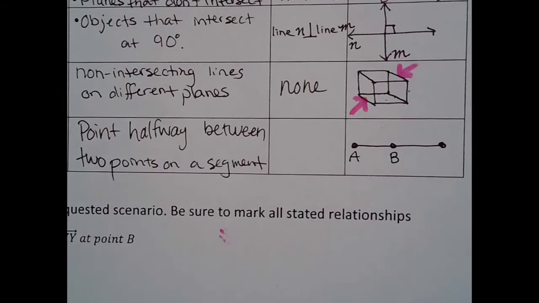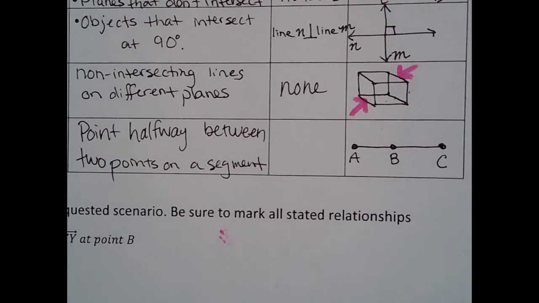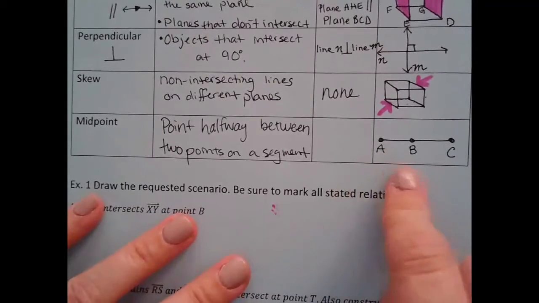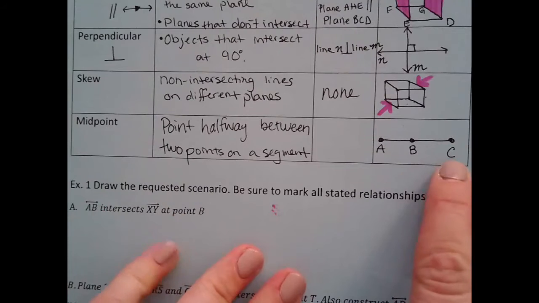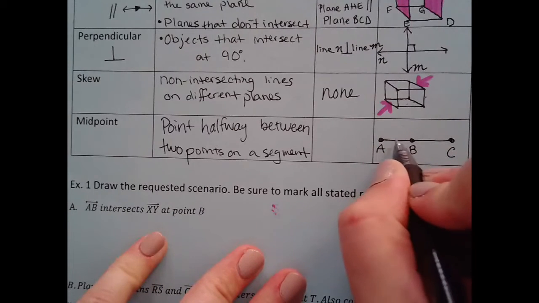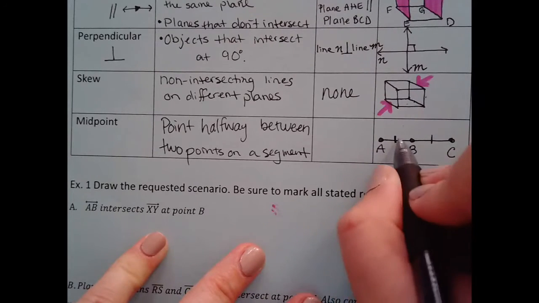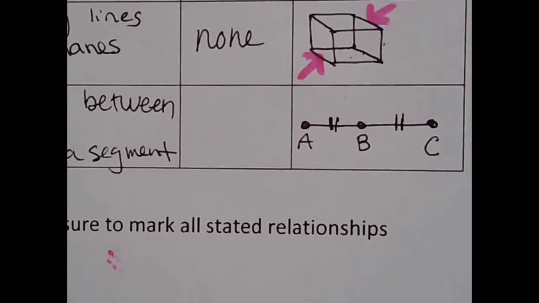Okay, so midpoint, if I have this figure here, B is on the segment AC and it's directly in the middle. So I could denote that by using the little mark like that. If I like, I don't know, I like the number 2, so if I made this one 2 marks, then I have to make this one 2 marks. They have to be identical. Then I could go ahead and say segment AB is congruent to BC.